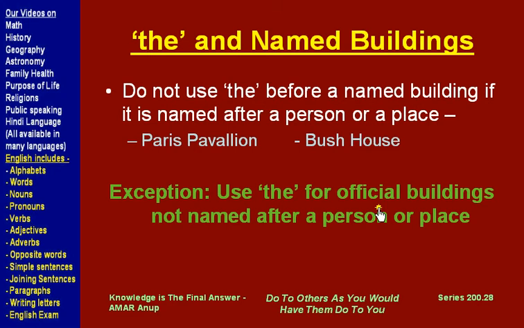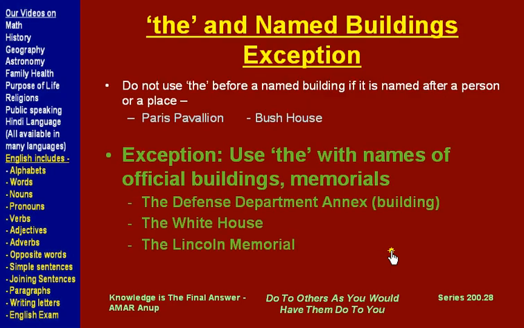Now coming back to exceptions, use "the" for official buildings not named after a person or place, and let's look at the examples. We call the Defense Department annex or building, because the building has a specific official use.